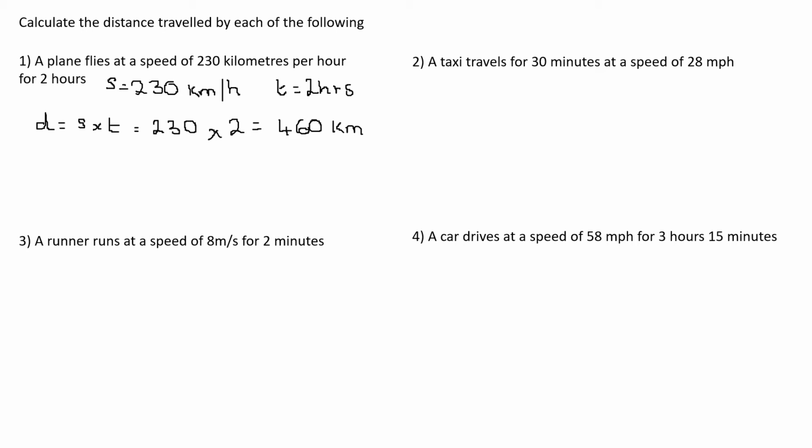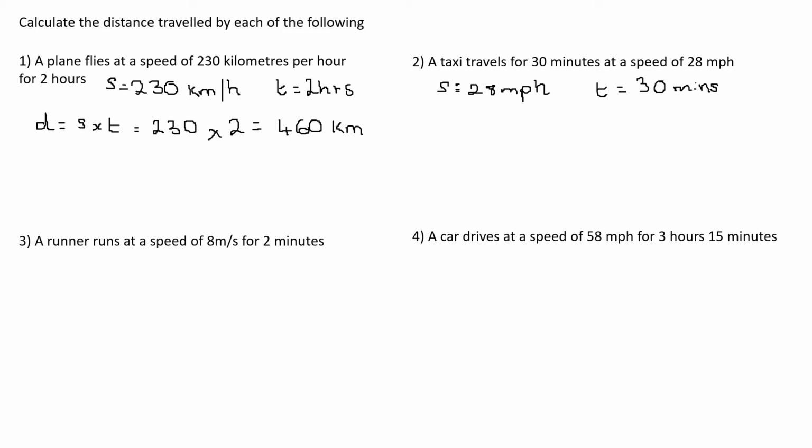So now a taxi travels for 30 minutes at a speed of 28 miles per hour. So my speed is 28 miles per hour. My time is 30 minutes. So these units actually don't tally up, because here I've got miles per hour, but I've got my time given in minutes.